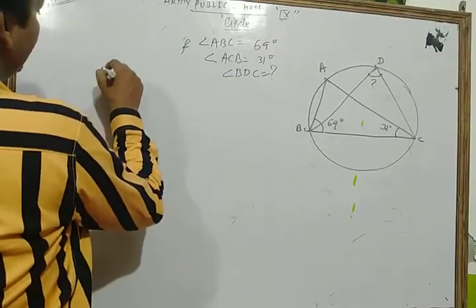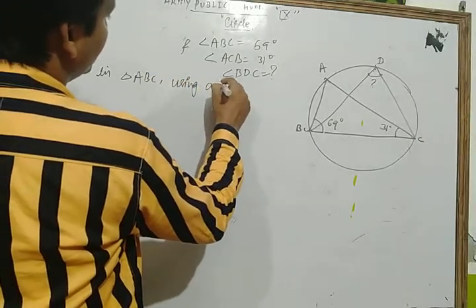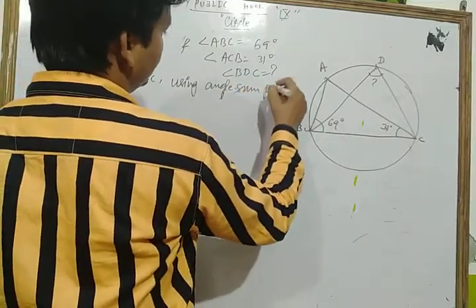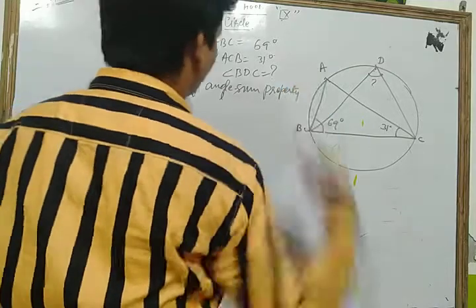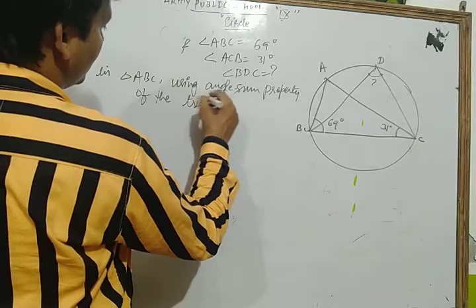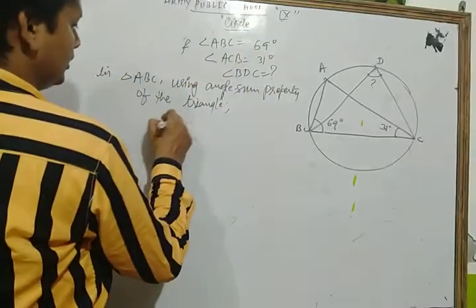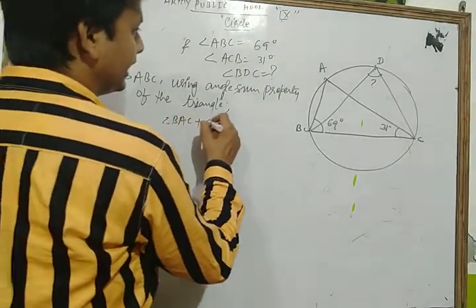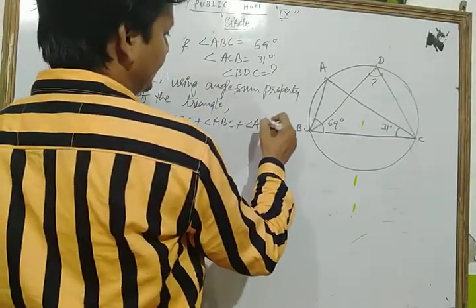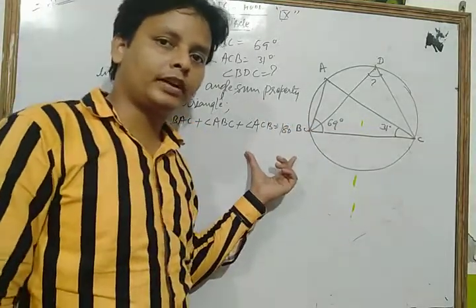First, in triangle ABC, using angle sum property of the triangle, we have angle BAC plus angle ABC plus angle ACB equal to 180 degrees. This is the angle sum property, right?